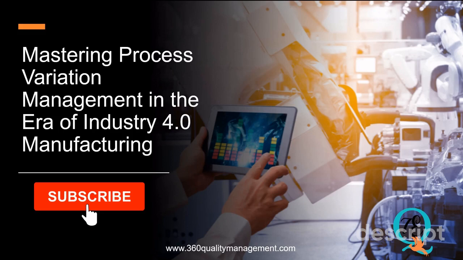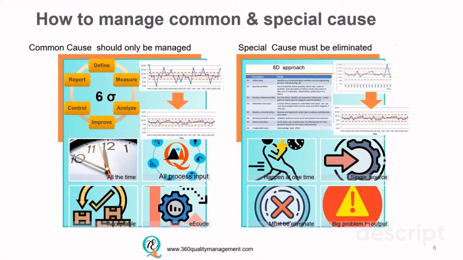Watch the video now. Since we already know there are two types of variations, and our aim is to get consistently good quality product with as little variation as possible, we need to learn how to manage these two types of process variations well.